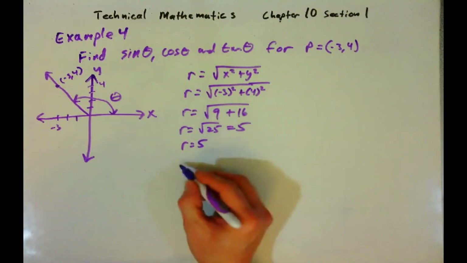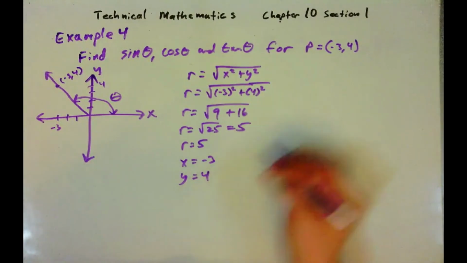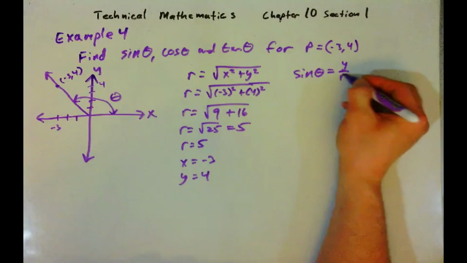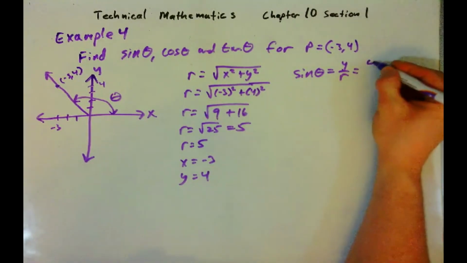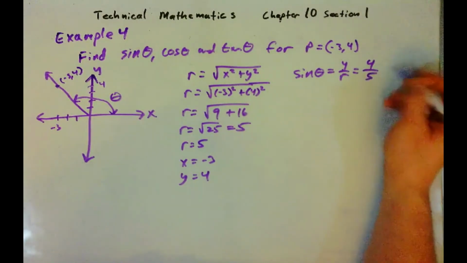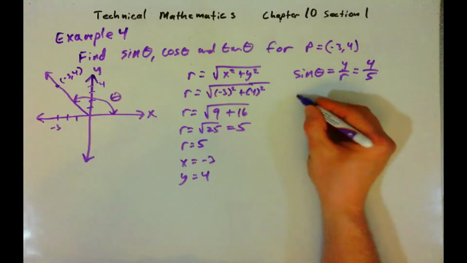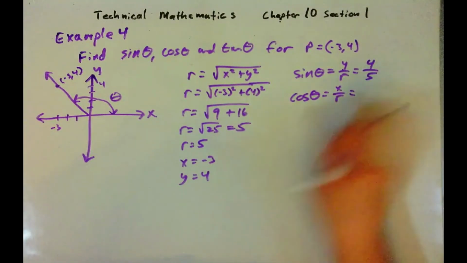So r is 5, x is negative 3, and y is 4. So the sine of theta is y over r. Y is 4. R is 5. The sine of theta, whatever this angle happens to be, is 4/5. Cosine of theta will be x over r.